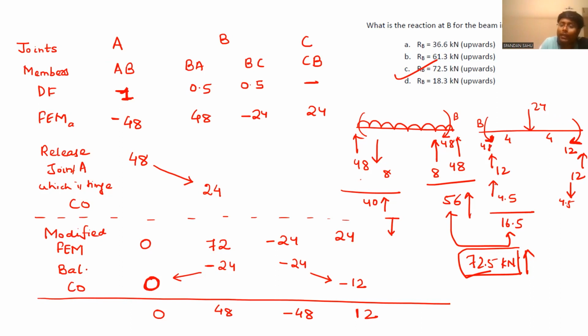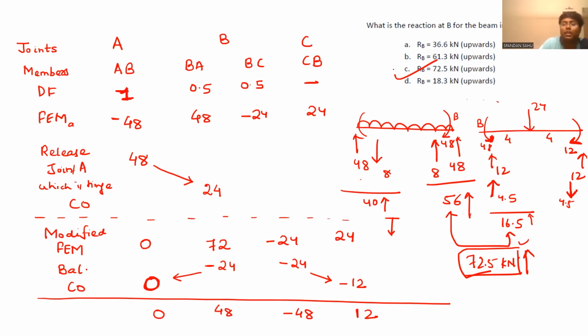So only 4.5, 4.5 clockwise fashion. So now you just add up at B point this much reaction, 56 plus 16.5 upward, 72.5 kilonewton upwards.